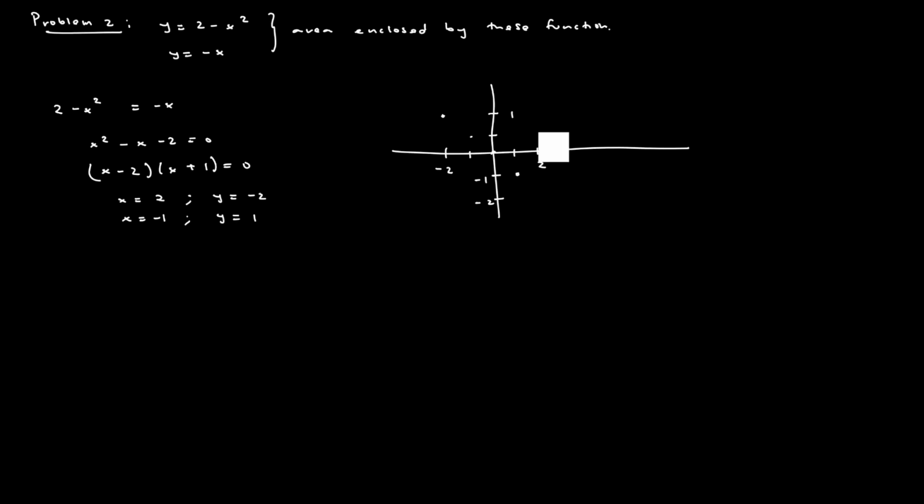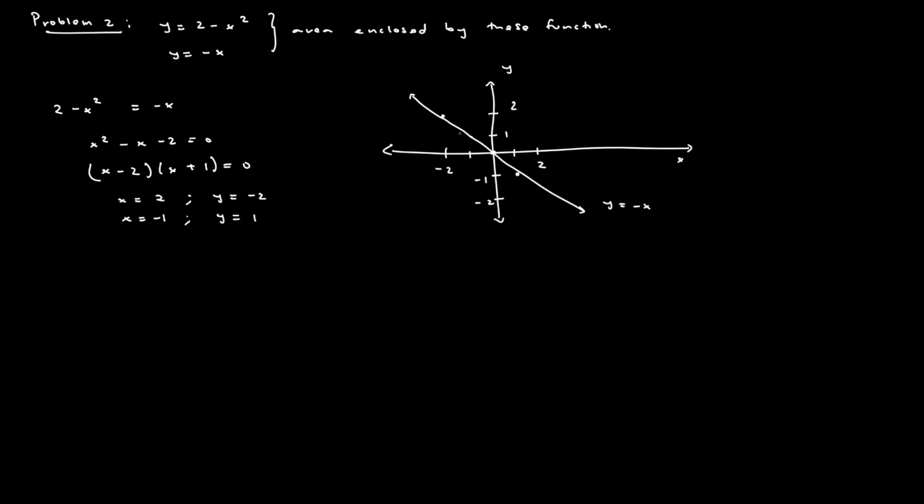This should be 1, this should be 2. And so this is x, this is y. Redrawing this line, this is y is equal to negative x.